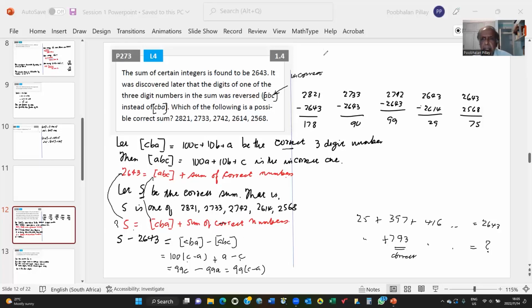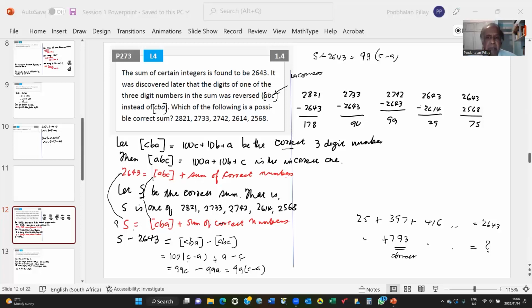It says that S minus 2643 is equal to 99 into C minus A. I don't know what C and A are. But I do know that this is the product of two numbers, one of which is 99, and the other is this. So in other words, 99 is a factor of S minus 2643.